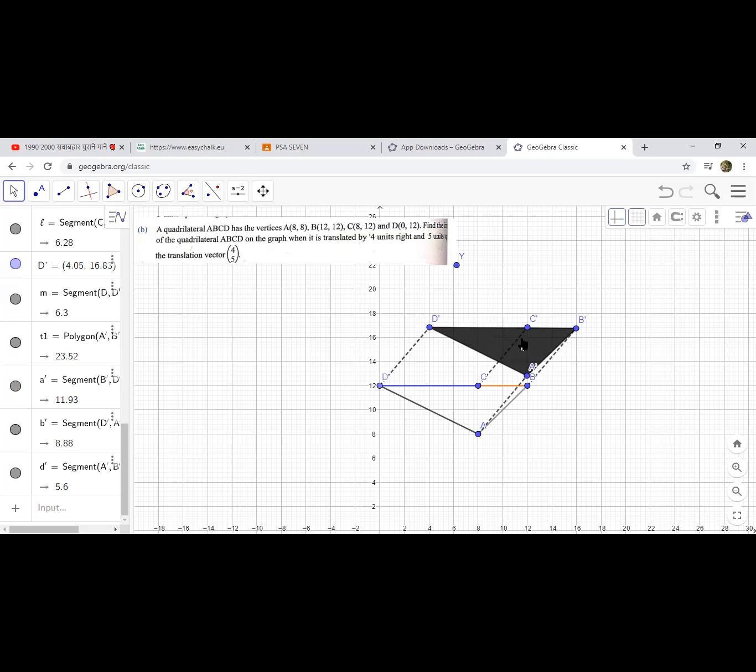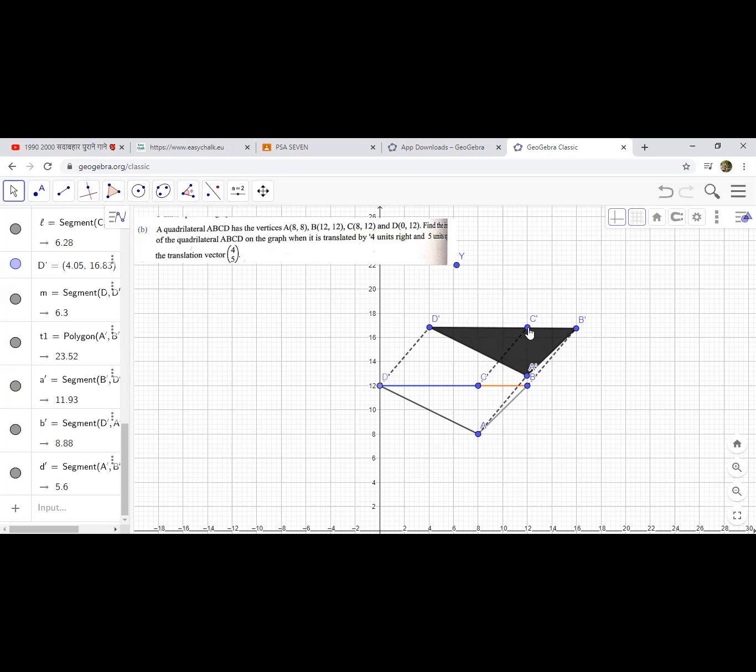This shaded portion represents the image quadrilateral. Here two sides are aligned in the same direction, so it looks like a triangle. This is the final answer.